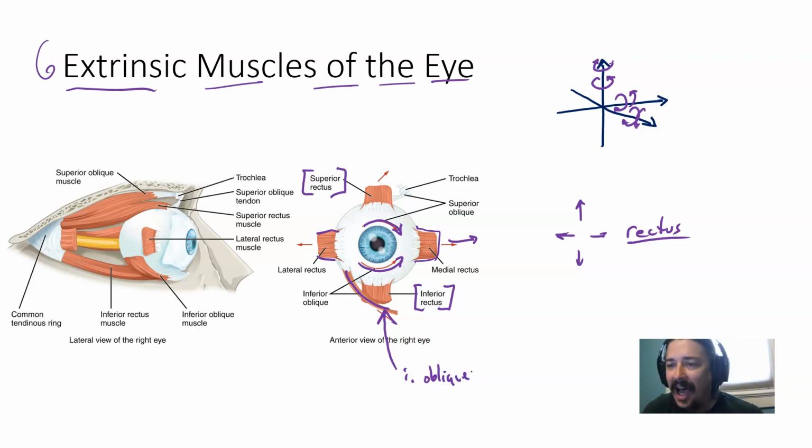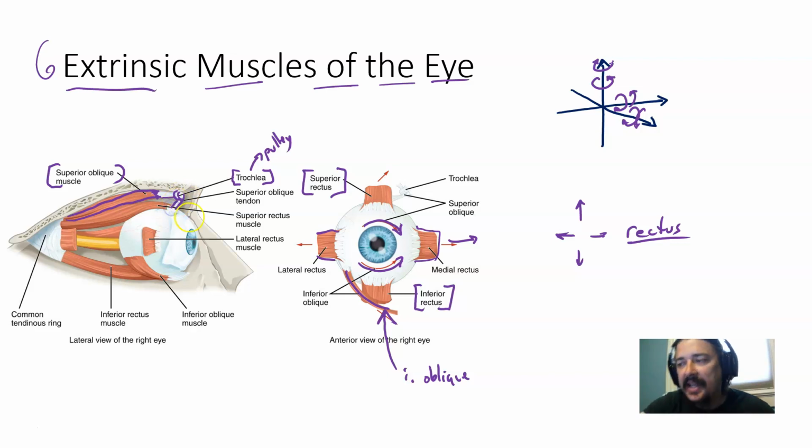And then up on top, this one's kind of weird. The actual muscle mimics a rectus muscle in that it goes straight back. But then the tendon loops through this little bit of tissue called the trochlea. Trochlea means pulley, and this is acting as a pulley.